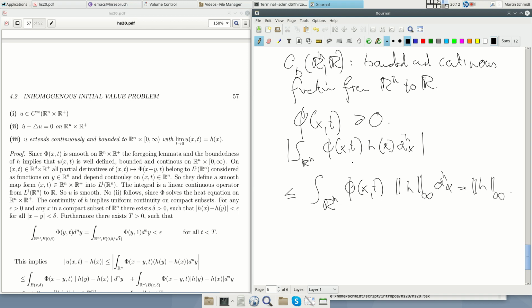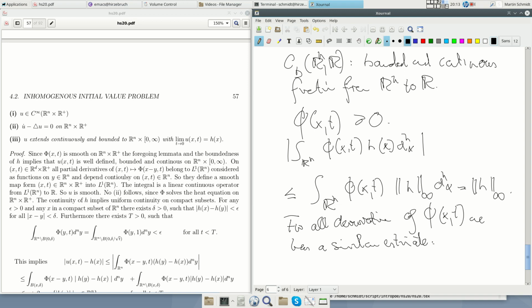And by the exponential decay, for all derivatives of phi one has a similar estimate, due to the exponential decay.